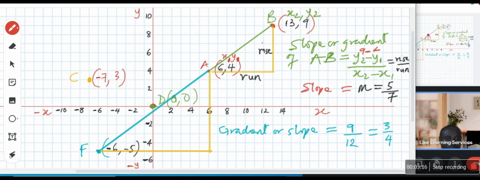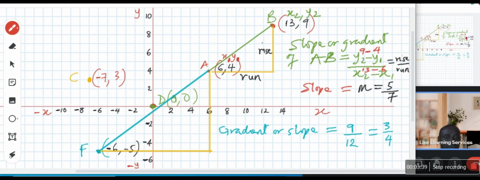So 9 minus 4. Now for x2, what would you have written? 13. What would you have written for x1? 6. By the way, x2 is 13, x1 is 6. So you would have written 6. Check, you will get the same answer.